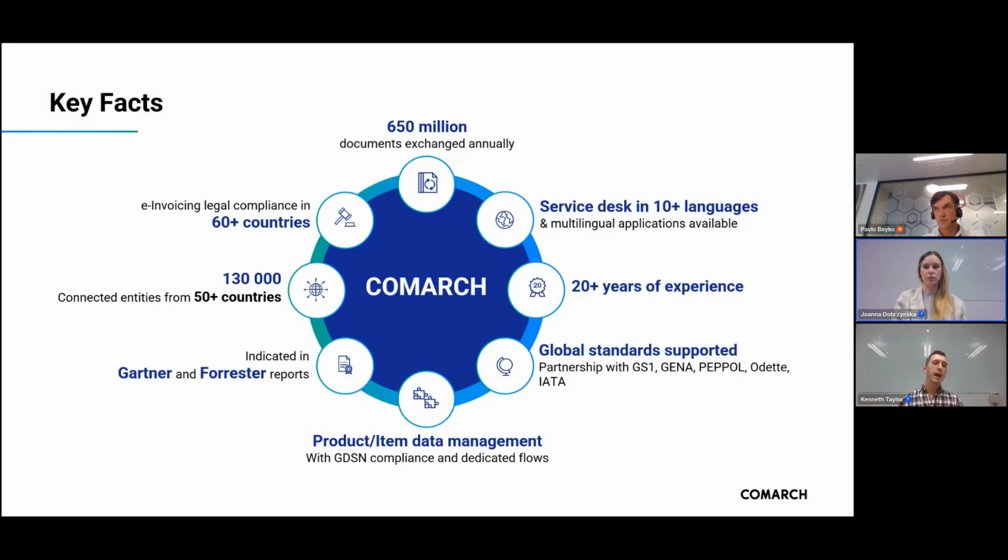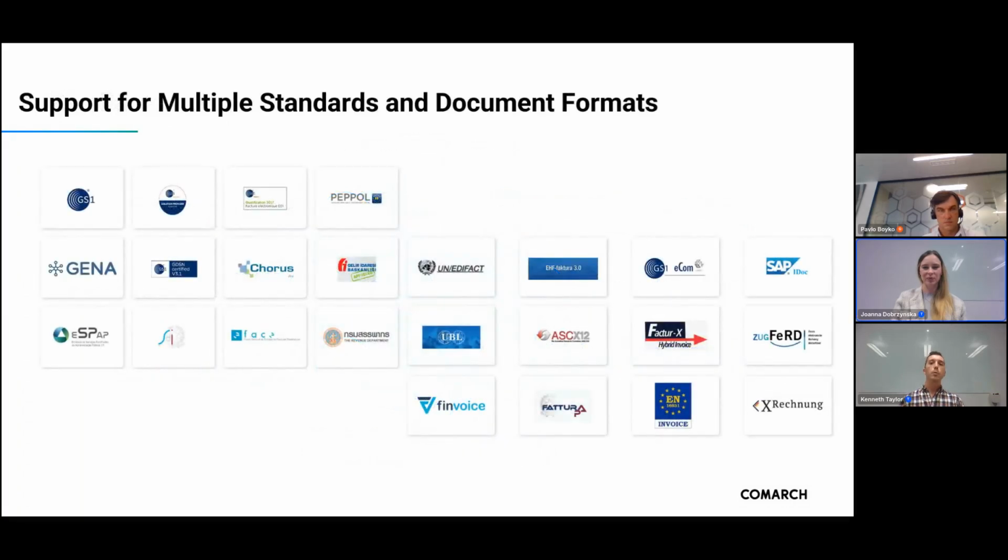If you've got a team in Asia, for example, we've got people that speak Thai or Malay or whichever. So it's important to also look for a truly global provider, a company like Comarch that can support different standards and formats across the globe. This way, you're relying on just one provider across multiple countries.